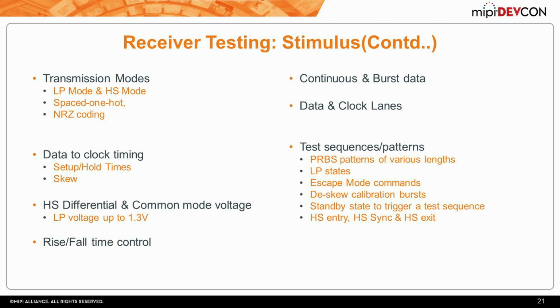About test patterns, you need the flexibility to use the pattern you want, right? Test patterns, PRBS patterns, somebody wants to use a color bar. De-skew calibration bursts, rise time control, voltage. Essentially, I've tried to list what we discussed already. If you put it in one slide, you get a feel that there's a lot the waveform generator needs to offer to cover all the tests.